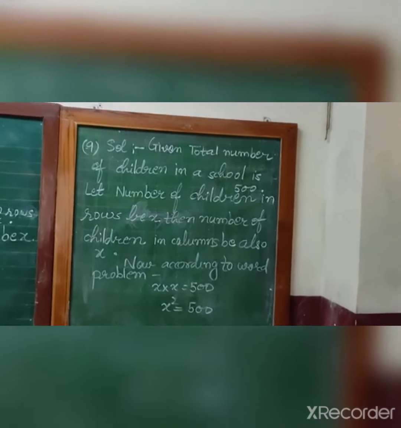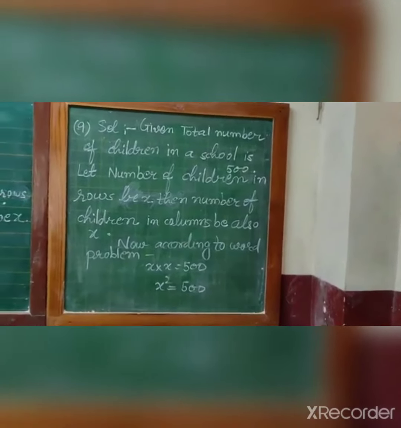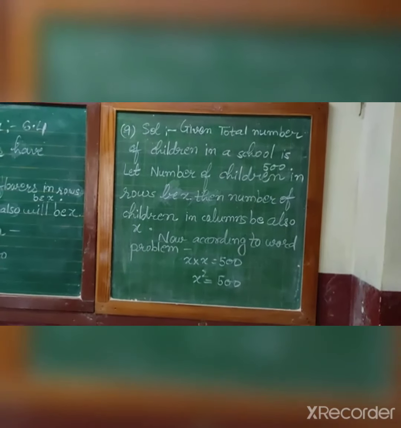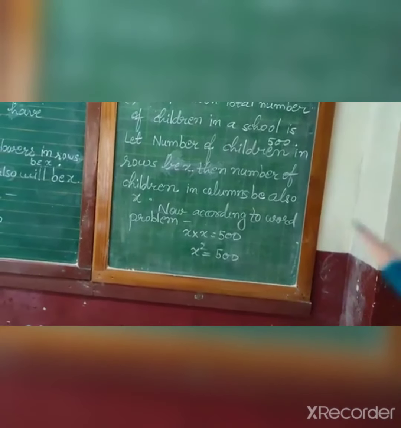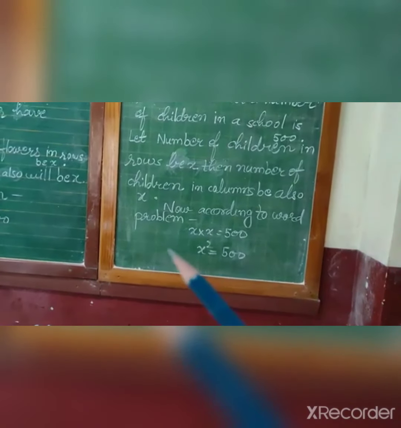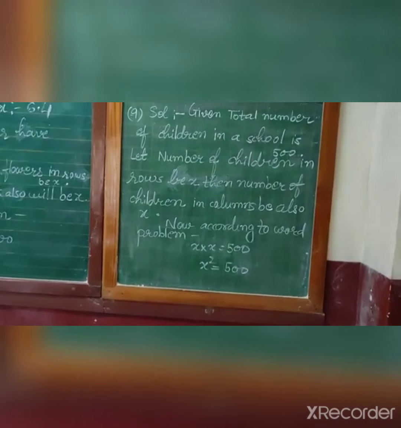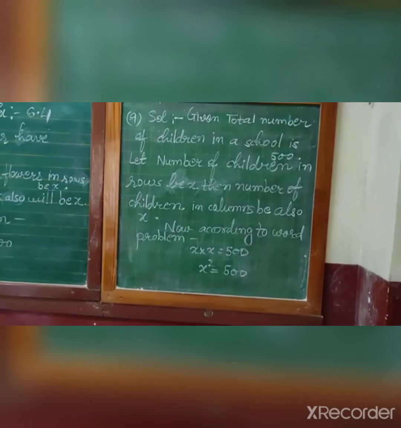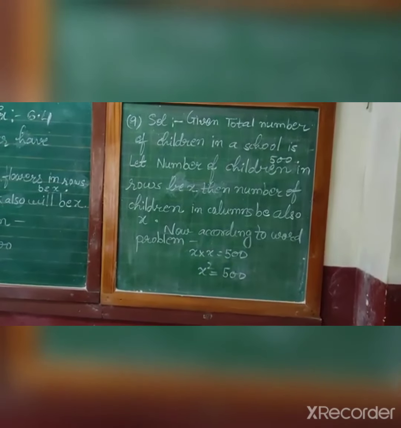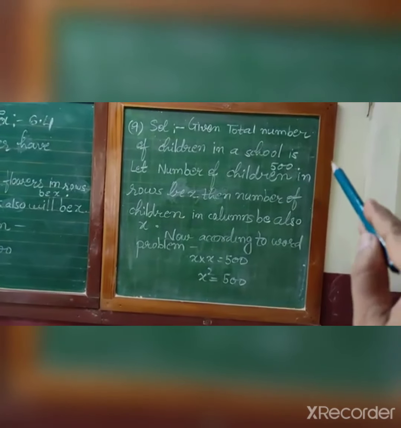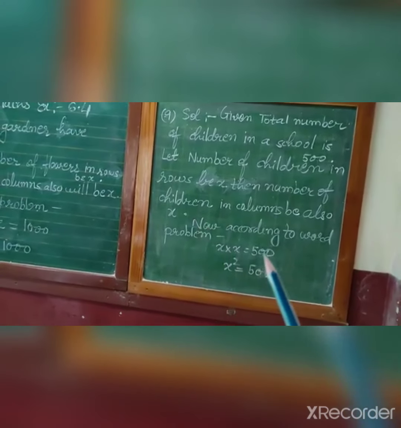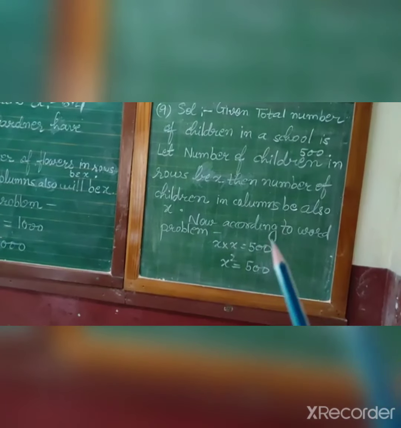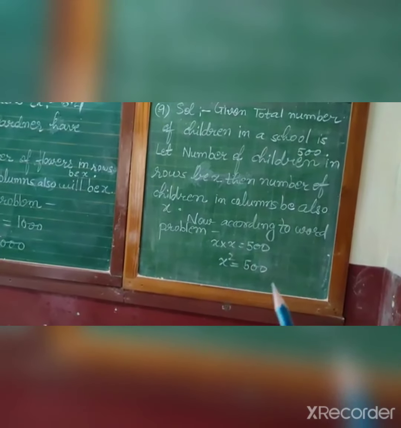Given the total number of children in a school is 500, let the number of children in rows be x, and the number of children in columns will also be x. Now when we count the number of children in rows and in columns, we will get the total number of children. So according to the word problem, x into x equals 500, x square equals 500, x equals square root of 500.